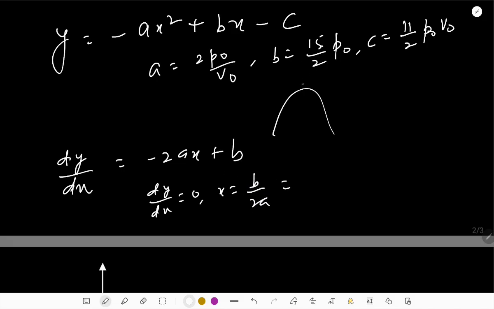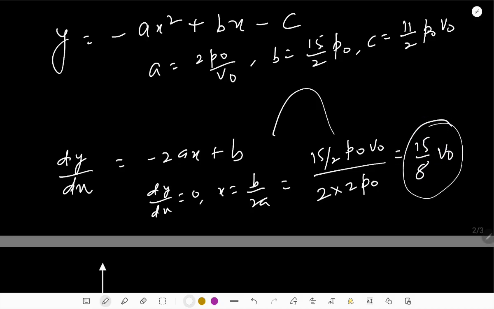I can put the values of b, that is 15 by 2 P naught, divided by 2 multiplied by 2 P naught by V naught, and I get 15 by 8. Yes, the volume I get is 15 by 8 V naught. And this is the required answer of this problem.